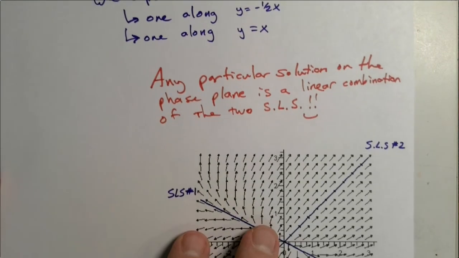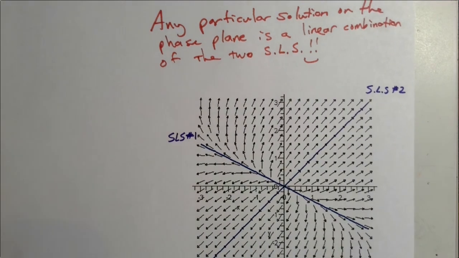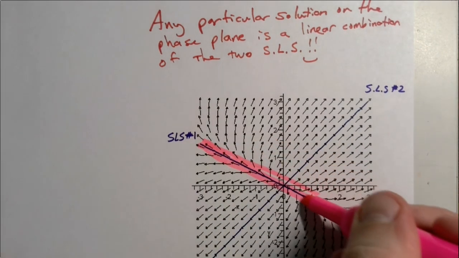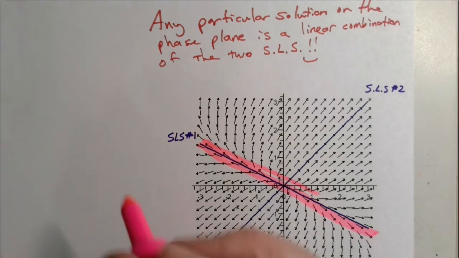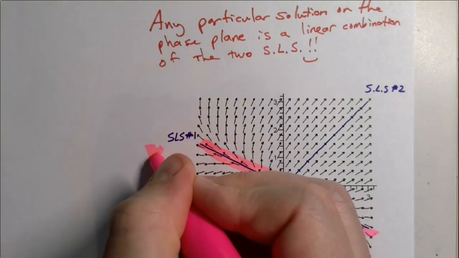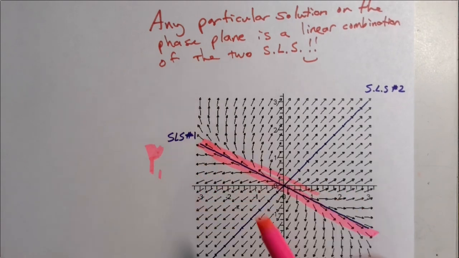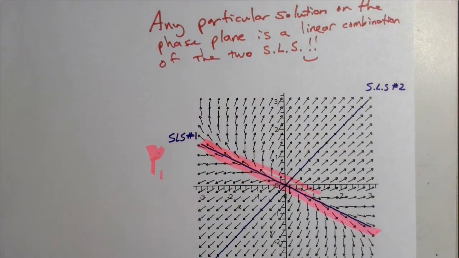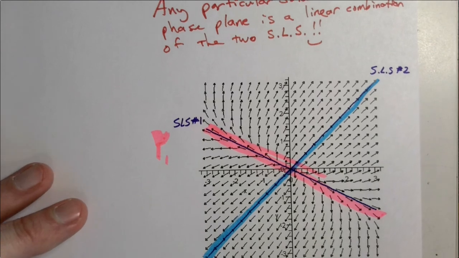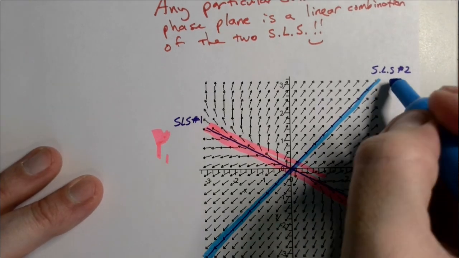And our two straight line solutions that are clearly evident right there, we can go back to our old color coding and say that this straight line solution right here, oops, I got the wedge wrong. That guy right there, that's the straight line solution y1. And this guy over here, see if I can draw this one better, sort of a straight line, if I could draw in a straight line. That's my y2.